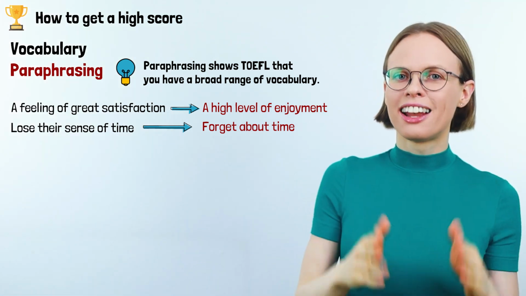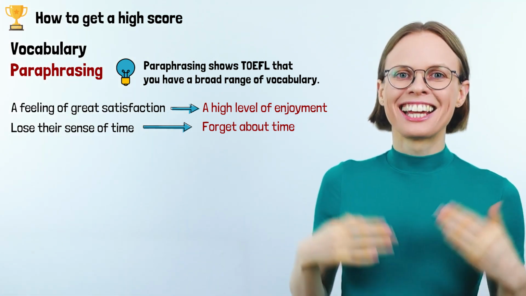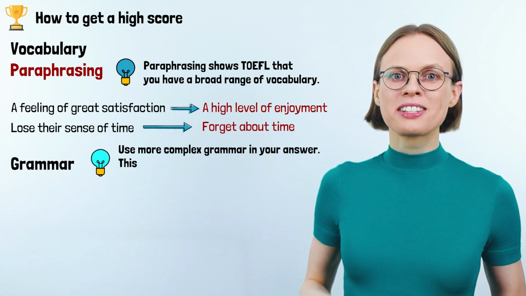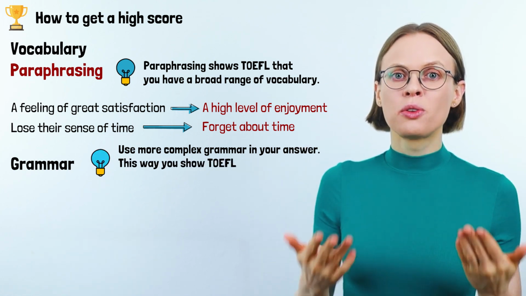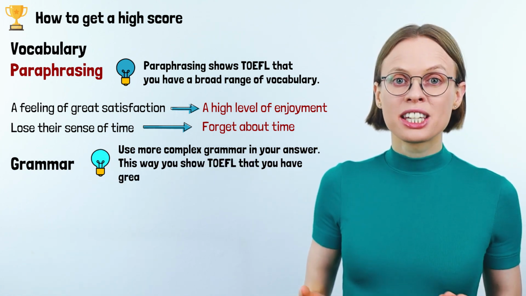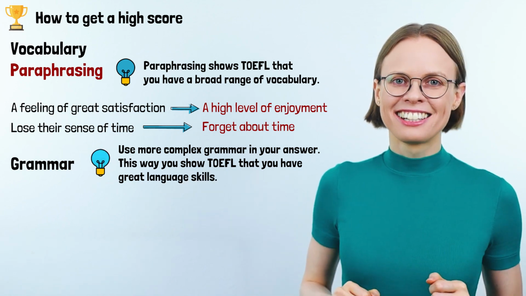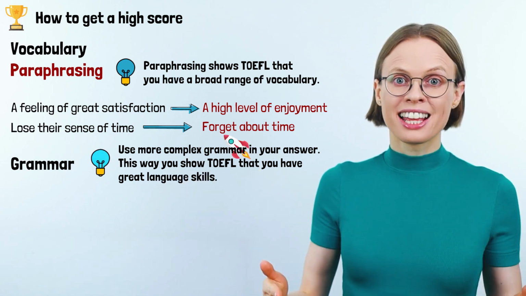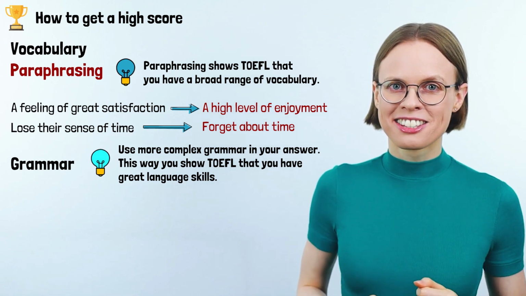Let's check out the last point, grammar. You should use more complex grammar in your answer because this way you show the TOEFL examiners that you have great language skills. That's how to raise your TOEFL speaking score.